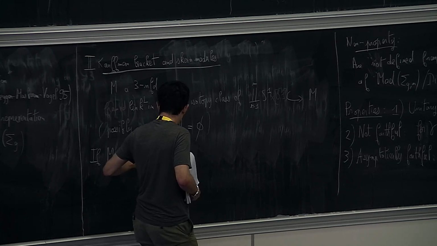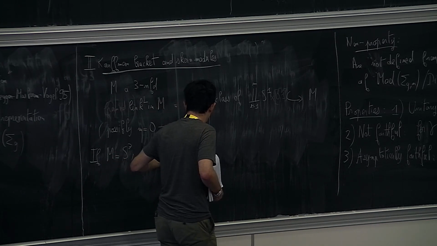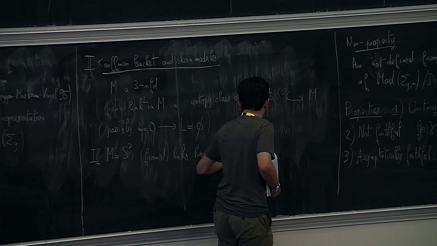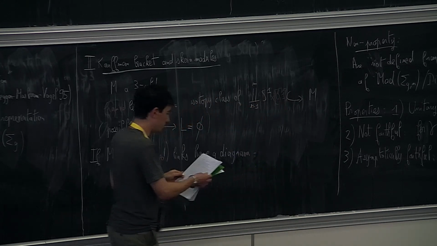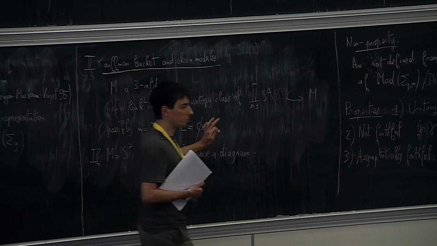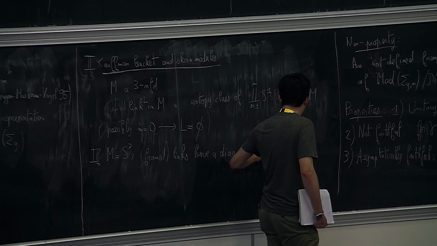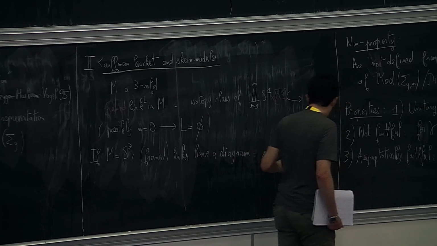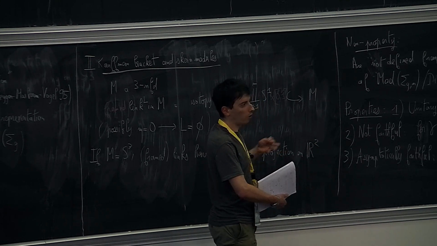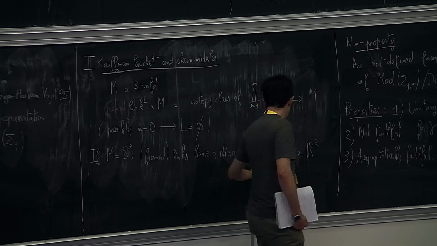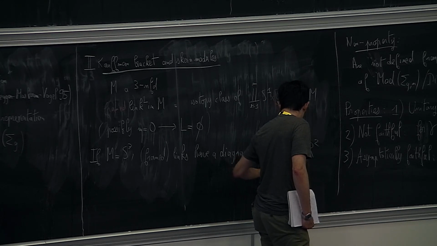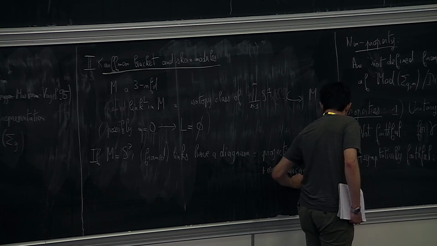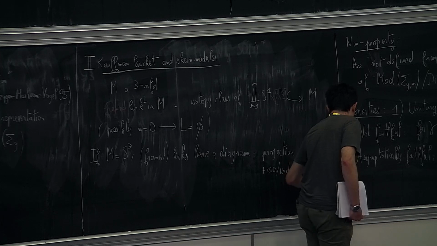you have that the framed links have diagrams. Which means that, well, you can do some kind of generic isotopy and then take the projection on R2 and keep an information about the over and under crossing. So this is something very standard.